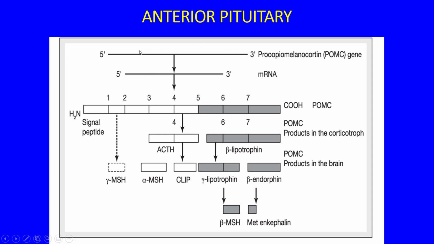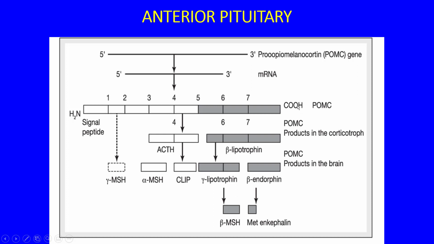It gets reduced, and this is before even translation. So you have this reduction of some of the introns, and you now have your messenger RNA.